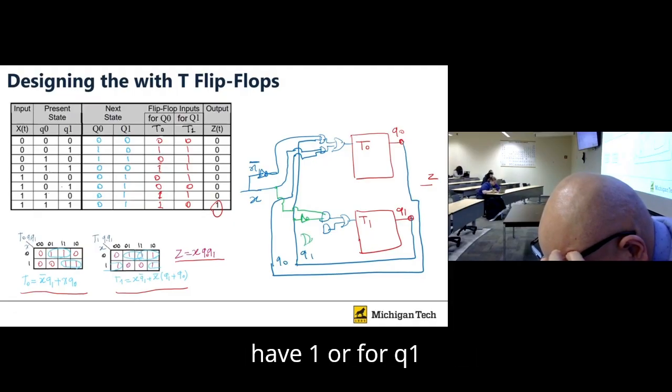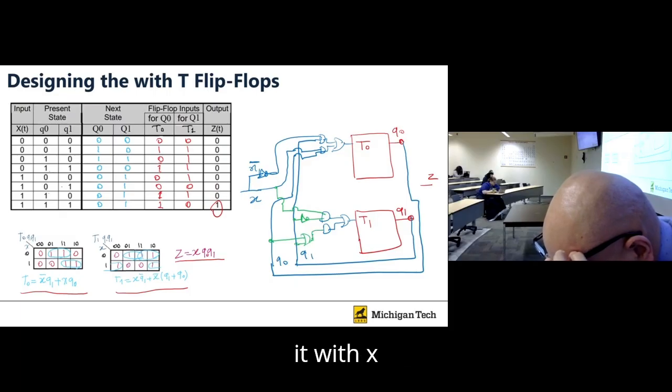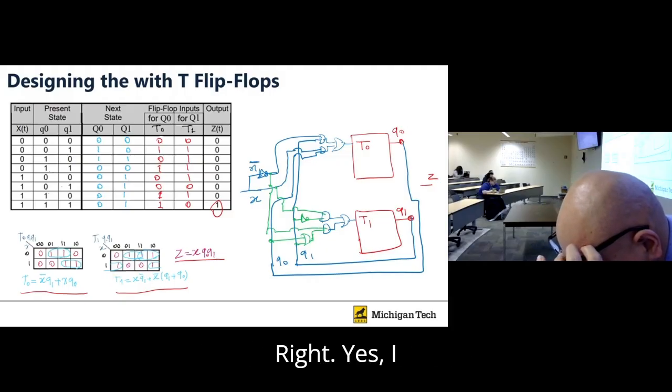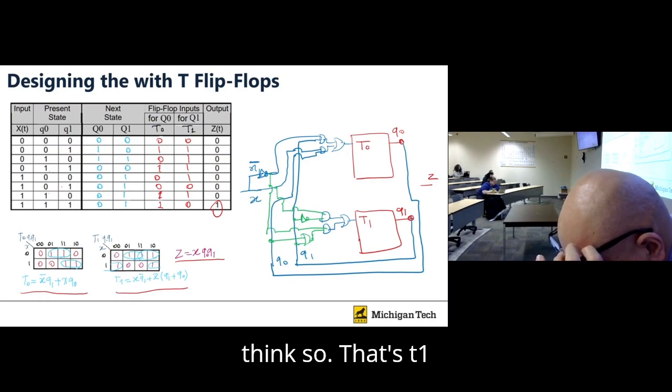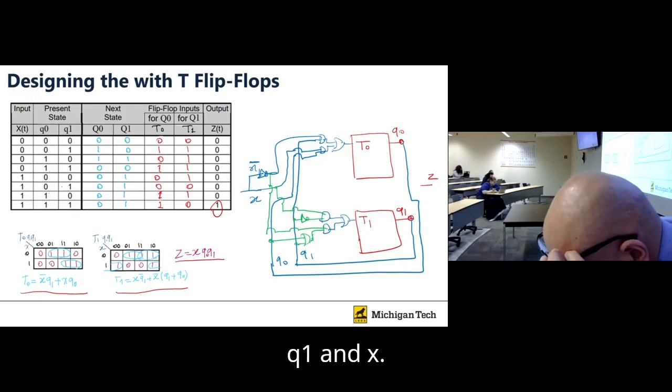We have one OR for Q1 or Q0, and then AND it with X bar. Okay, and we can bring X bar here, and here, and here. Done. Right? Yes, I think so. That's T1, and that's Z. What is Z? Z is Q1 and X.